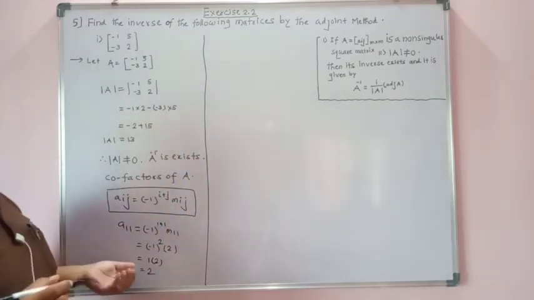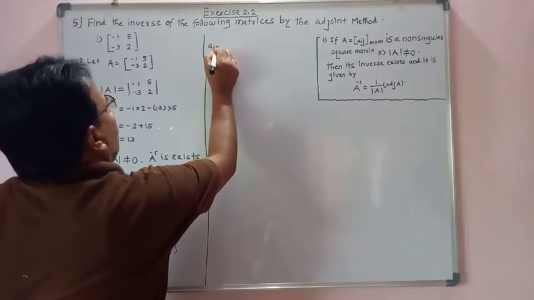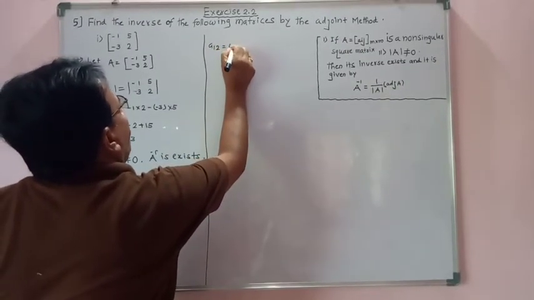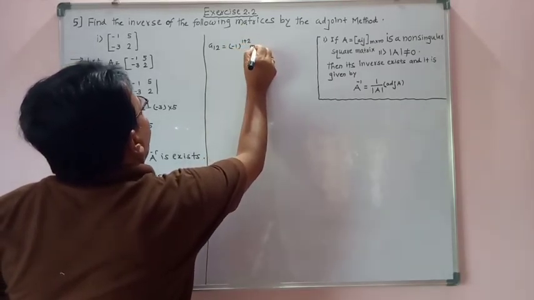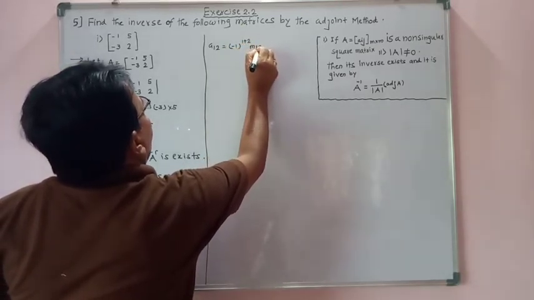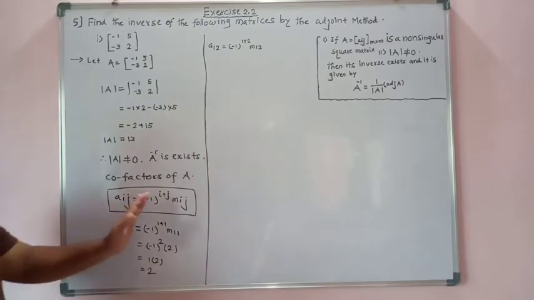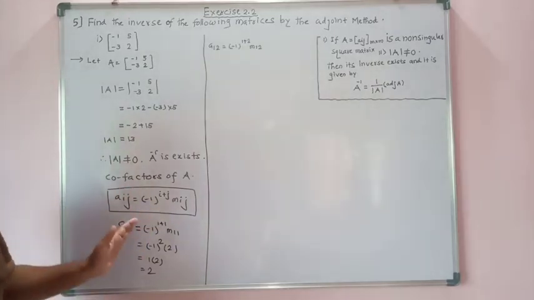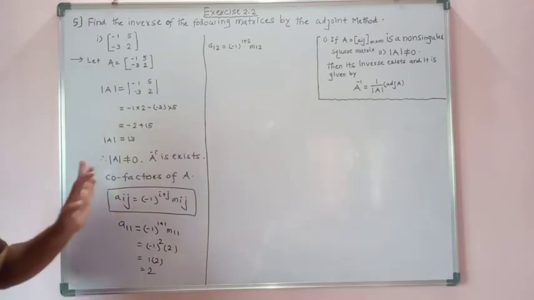We can see the next cofactor. A12 equal to -1 raised to 1 plus 2 into M12. The value of i is 1, the value of j is 2.